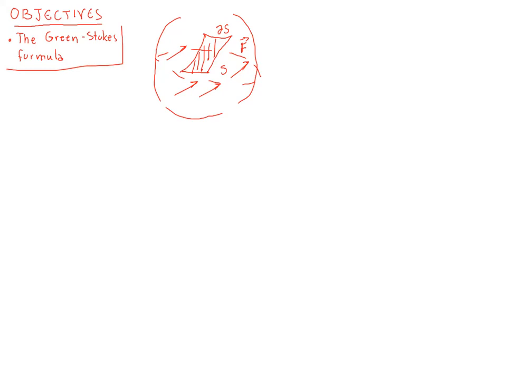So remember that the surface is oriented by means of the choice of a normal vector. The boundary, on the other hand, is oriented by the direction in which it is traversed.